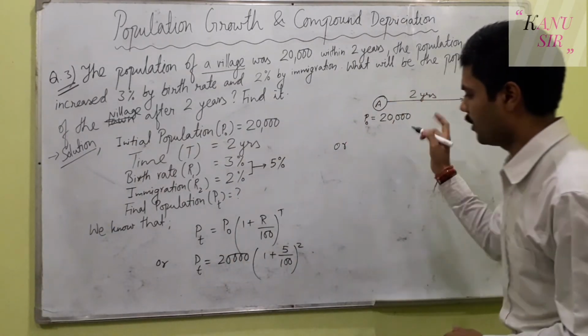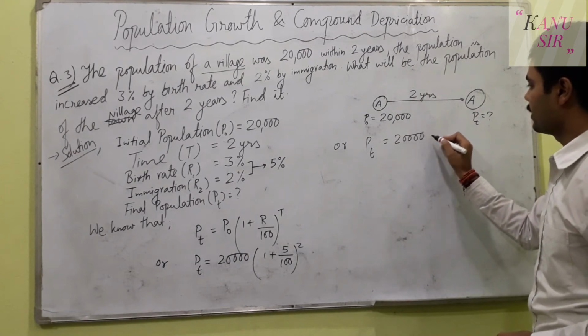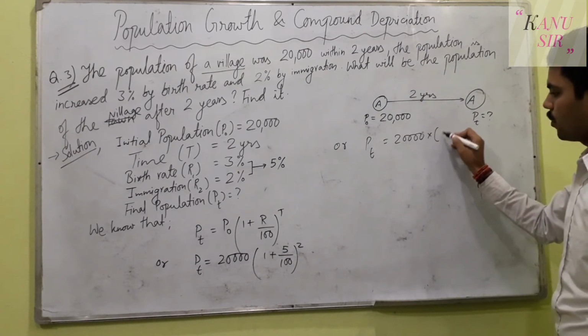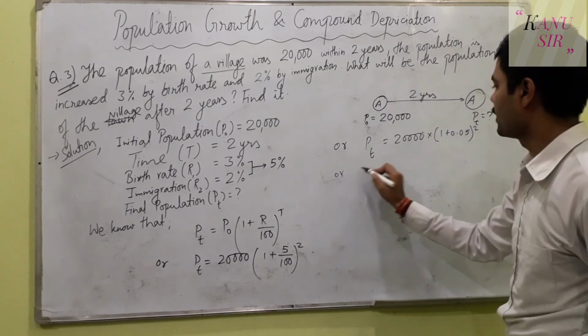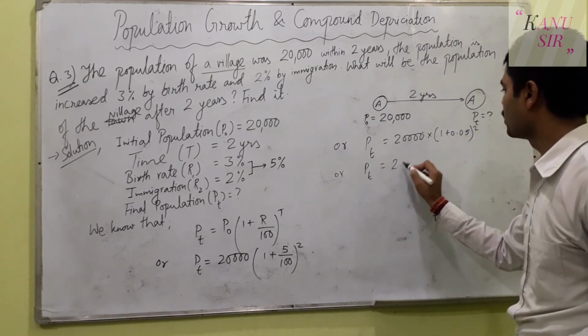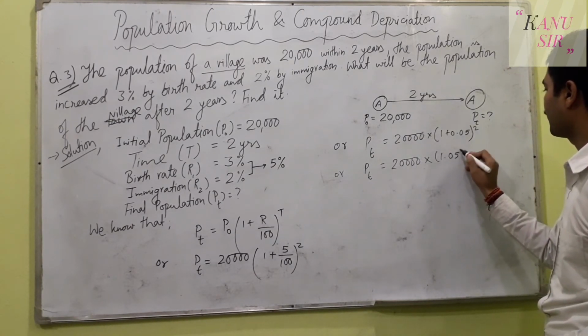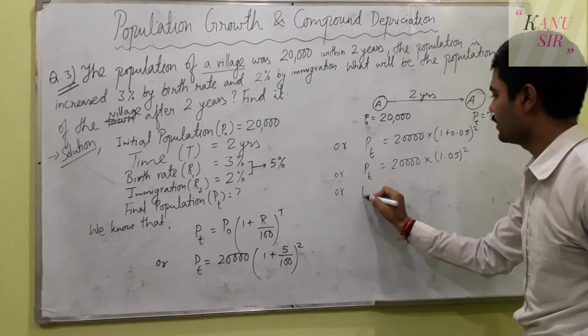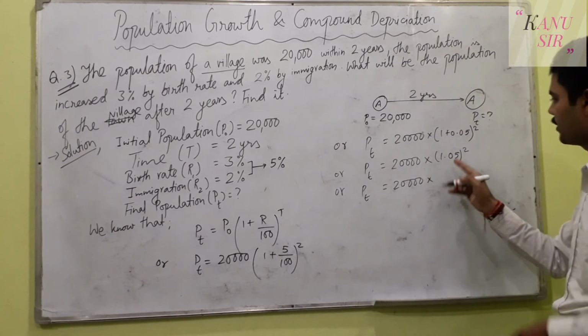Let us solve the values here. P_T is equal to 20,000 bracket (1 plus 0.05) whole square. P_T is equal to 20,000 into 1.05 whole square.